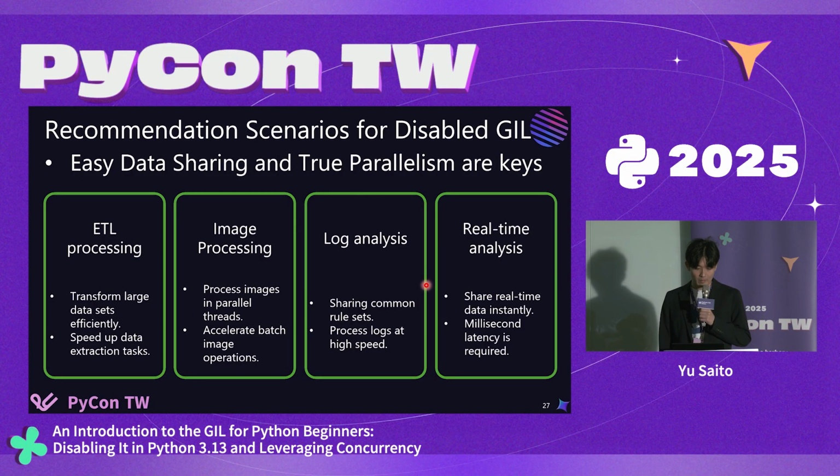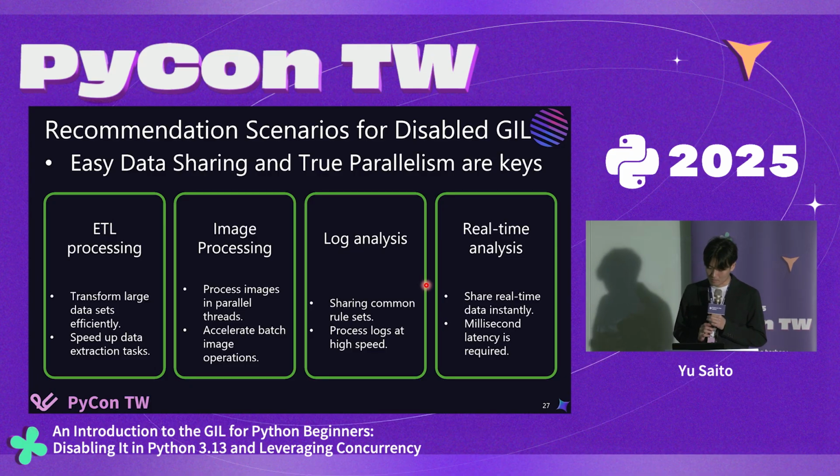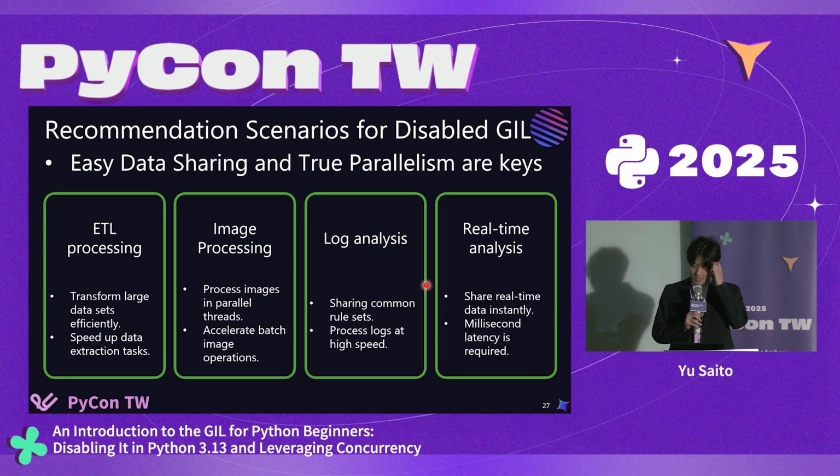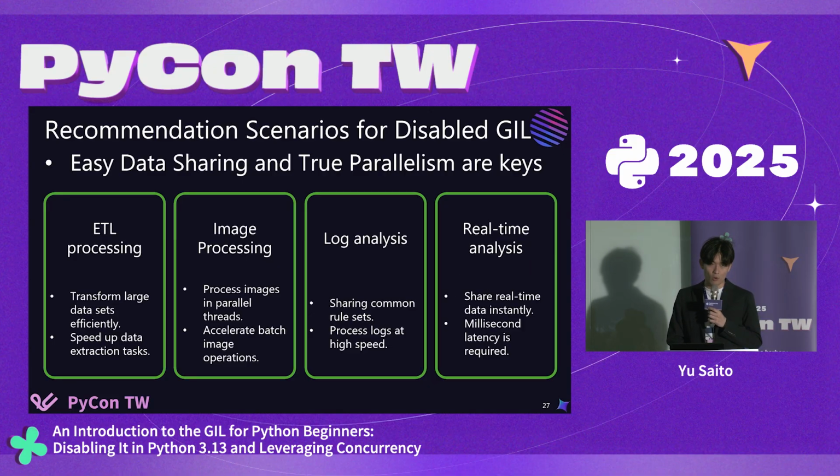Now that I have explained that disabling the GIL is appropriate for scenarios that require both easy data sharing and true parallelism, here are some examples of specific scenarios where disabling the GIL is recommended.